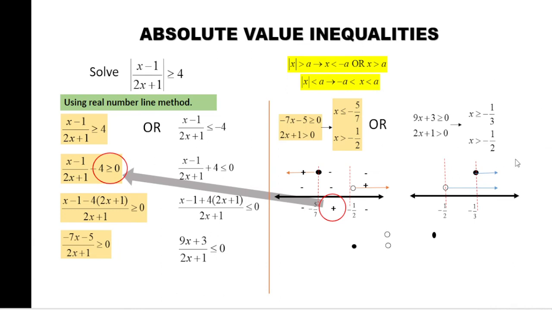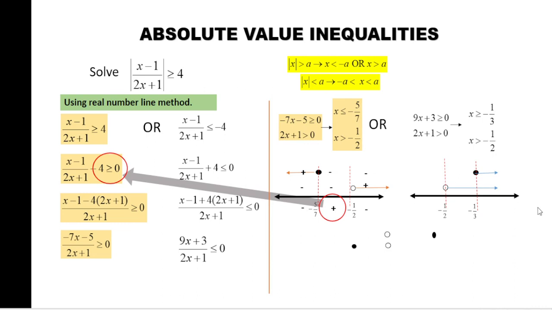Okay, let's look at the second side. Fill in with the negative and positive signs. The regions here are on the left of negative half, between negative half and negative 1/3, and greater than negative 1/3. Look at the blue line, does it pass through this region? If it does not pass through, we put a negative sign.